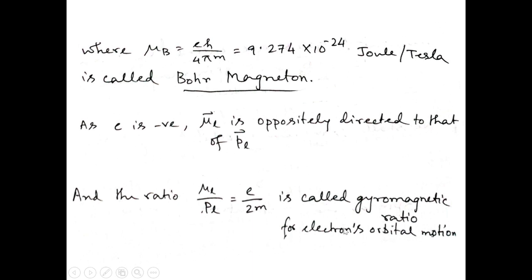So from today we will remember that quantity mu L by PL as the gyromagnetic ratio. The quantity is valued as E by twice M.